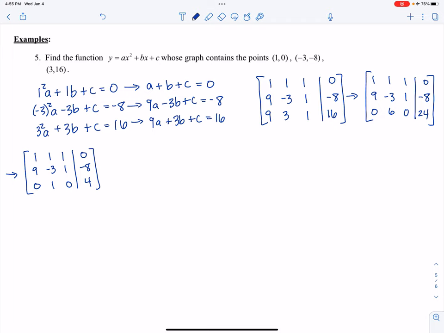Okay, now let's multiply row 1 times -9 and add it to row 2 to eliminate the last 9. So 1, 1, 1, 0. And then on the bottom, 0, 1, 0, 4. So -9 plus 9 is 0. -1 and -3 is -4. -1 and +1 is 0.